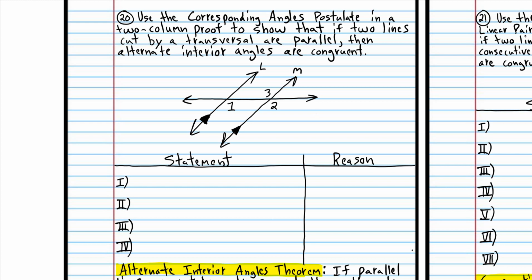Now I'm going to get you started with the first step. We're going to assume that line L is parallel to line M, that is given information. That's what we're assuming. So try number 20.